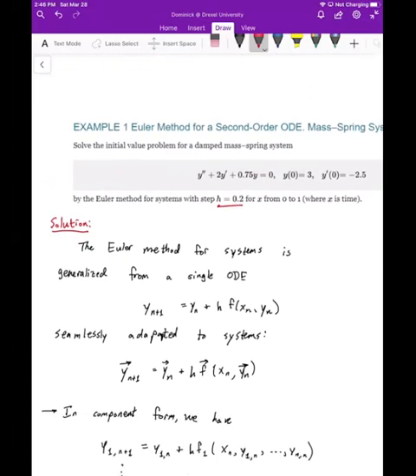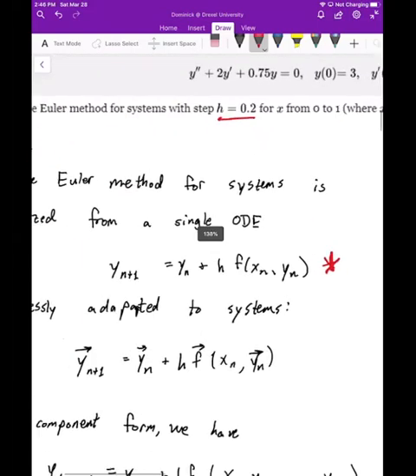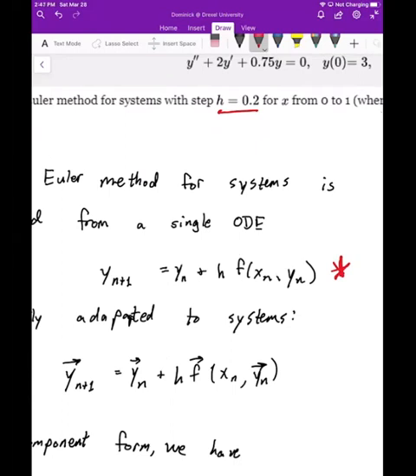Now, in the single ODE version, we obtain the next y value with this formula. Essentially, you're taking the local linear approximation to find your subsequent y value.